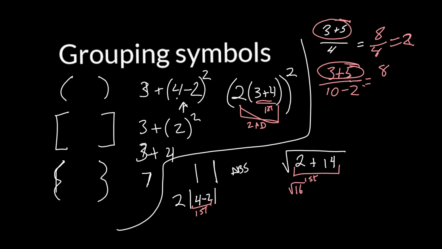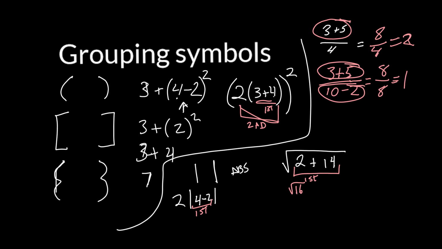We're going to simplify this denominator to be 8, which reduces down to 1. So when we talk about grouping symbols, there's a whole lot more grouping symbols than just parentheses. And that's one reason why they say don't use PEMDAS.